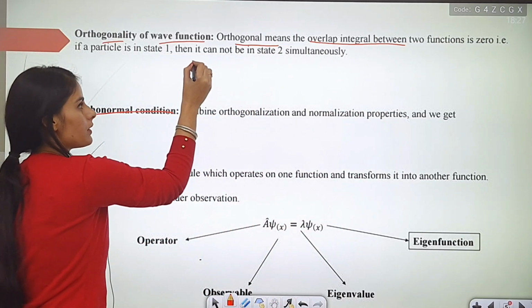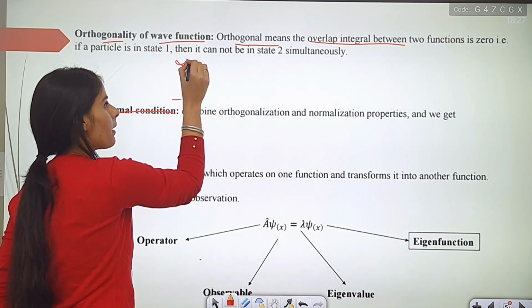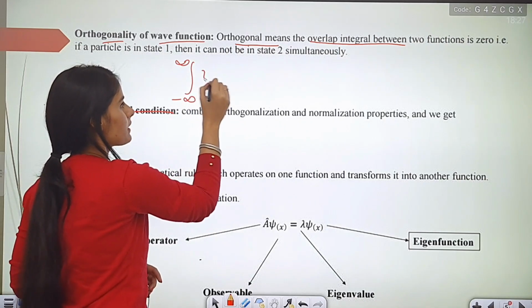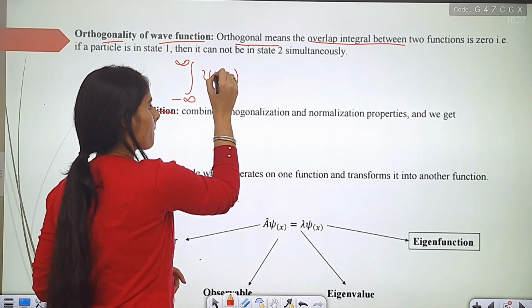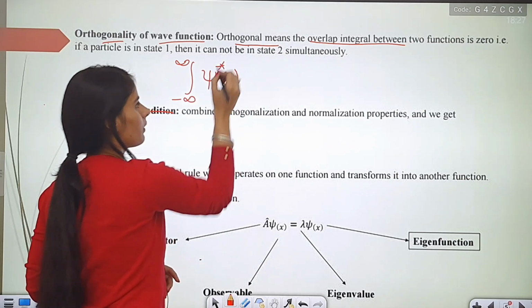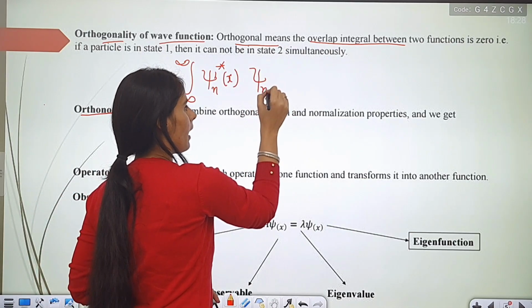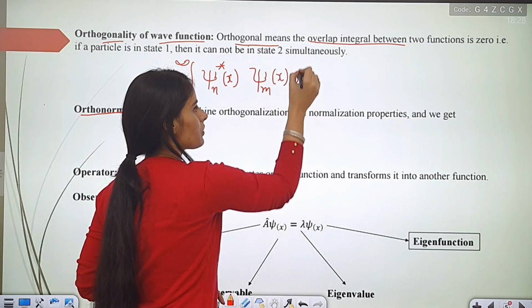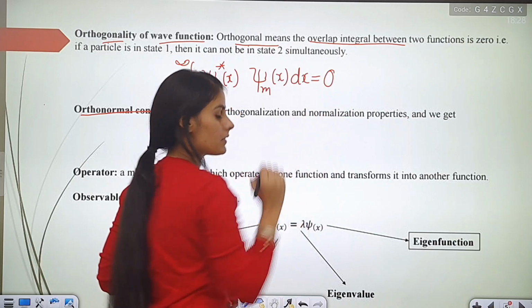In other words, if I take the integration from minus infinity to infinity of two states, first state psi n of x, another state psi m of x, the integration will be 0.